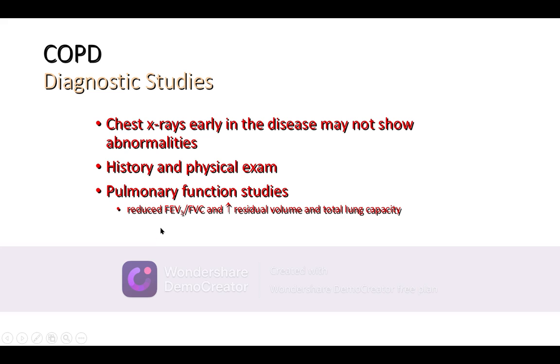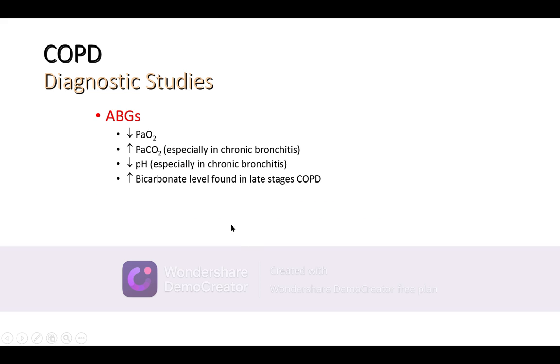In this case, there will be reduced FEV1 and FVC, and increased residual volume and total lung capacity, in comparison with the other condition, which is called restrictive lung disease. In ABGs, PO2 will be reduced, but retention of carbon dioxide, hypercapnia, will be there, especially in chronic bronchitis.